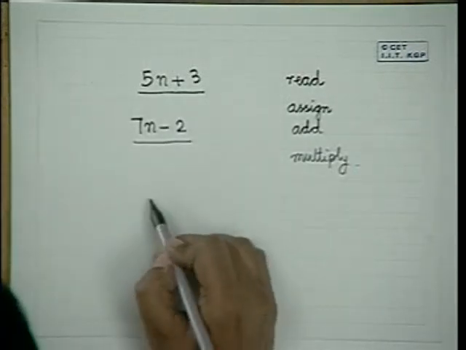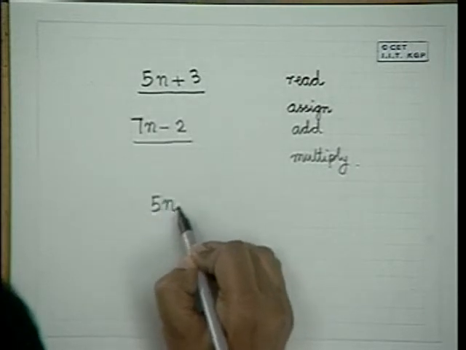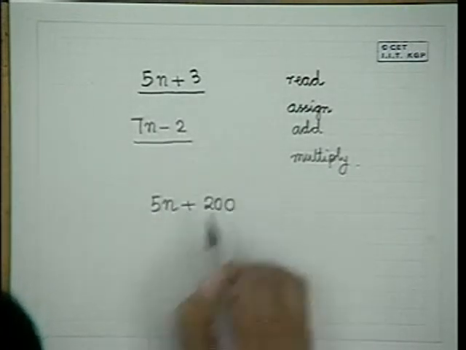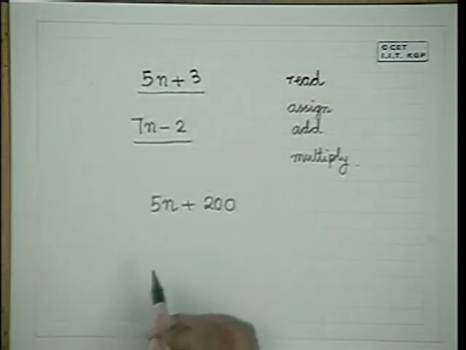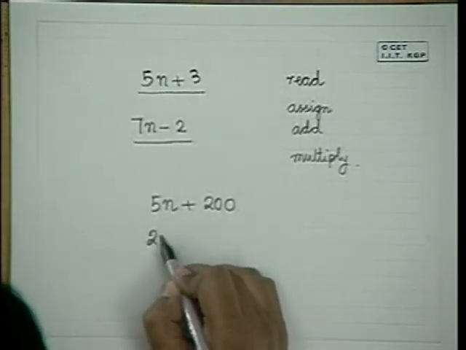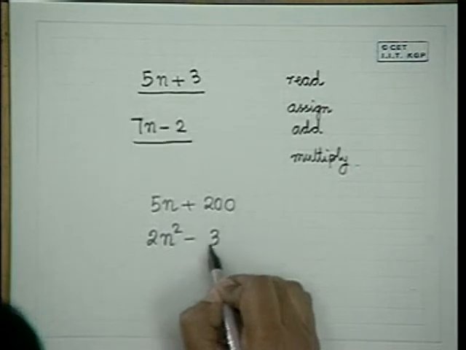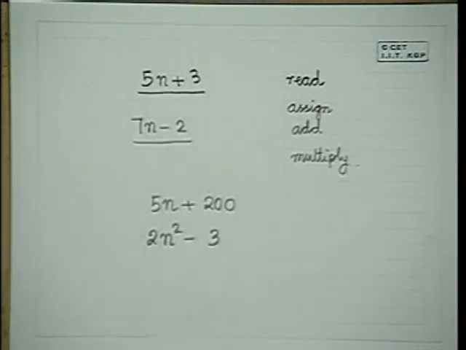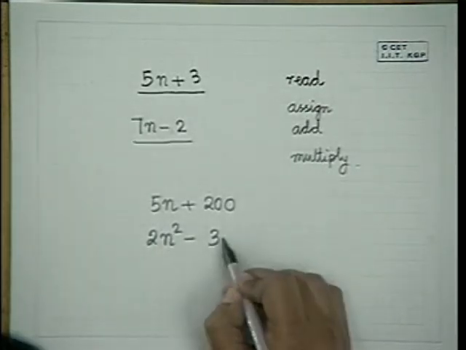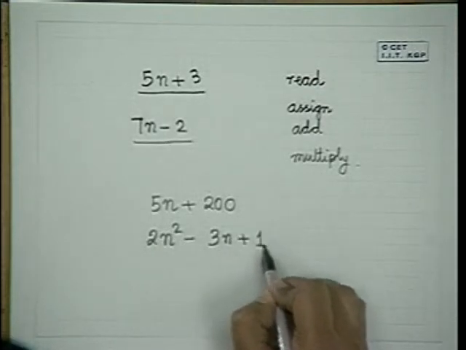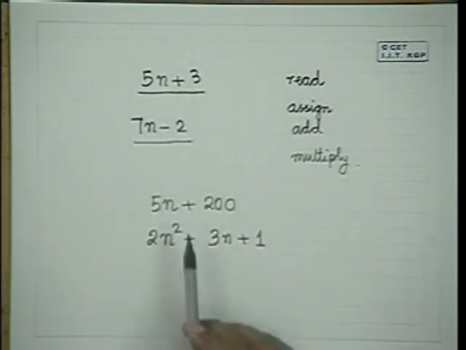But on the other hand, if we have somebody which is 5n plus 200 and another one which is 2n square minus 3n plus 1, then can you say something about these two? Is this better than this?